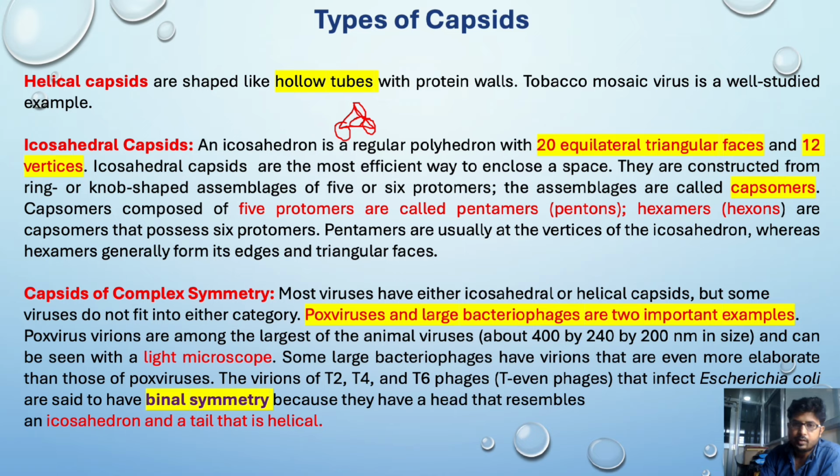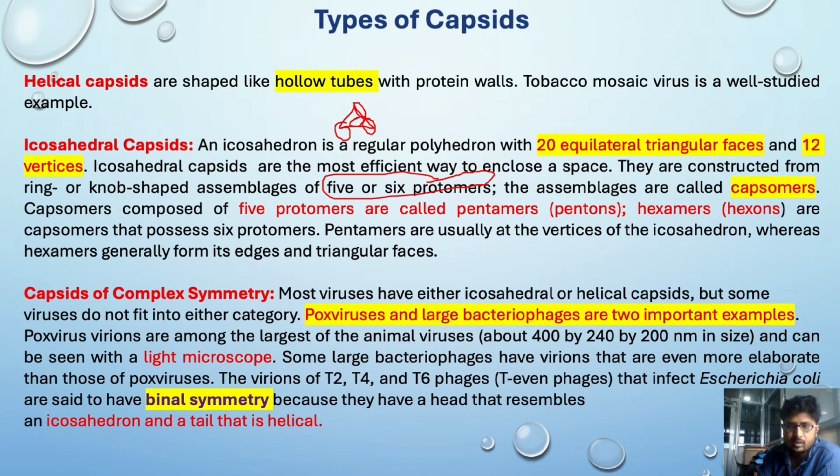Now the capsid structure, if you see at the molecular level, the lowest formation is 5 or 6 protomers which form the capsomers. The capsomer is composed of 5 or 6 protomers, which may be a pentamer or a hexamer.